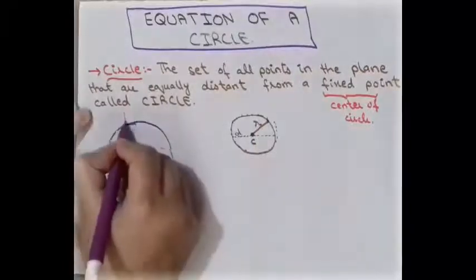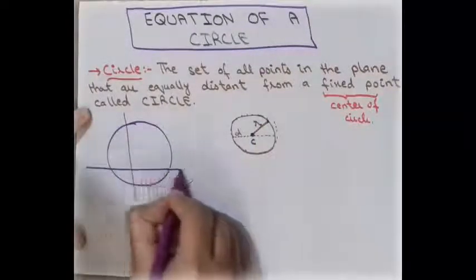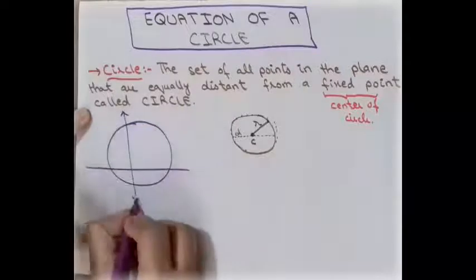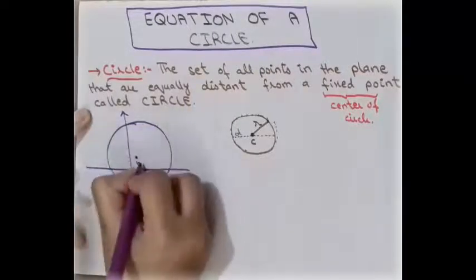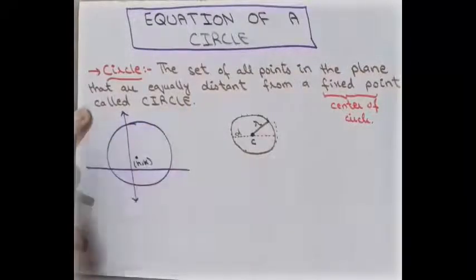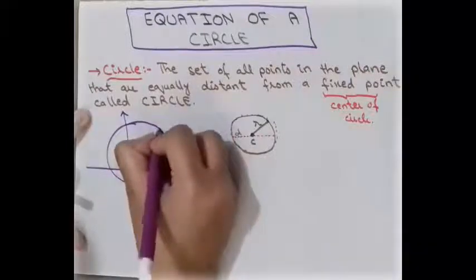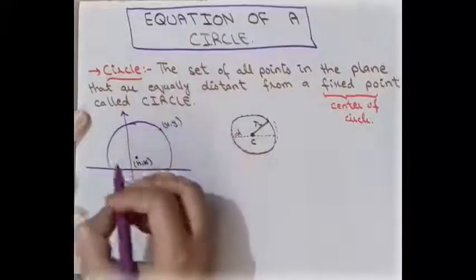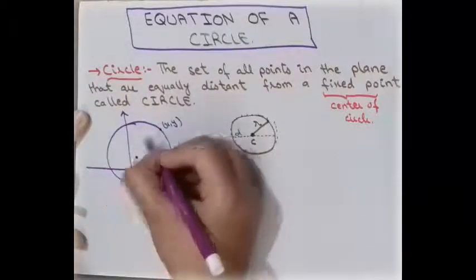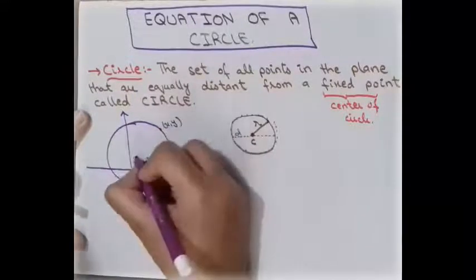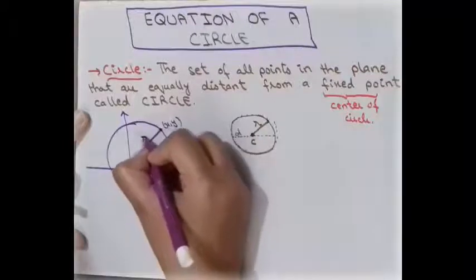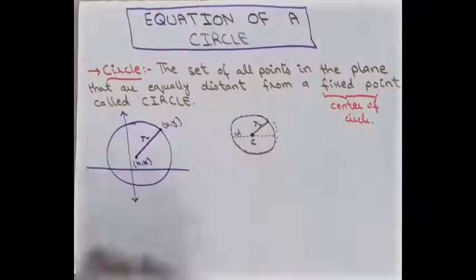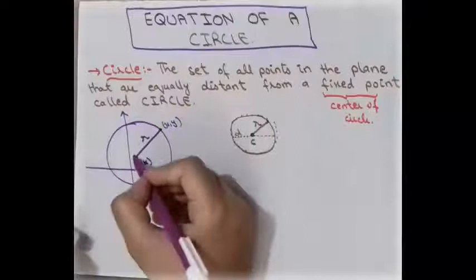Suppose we have a circle and this is a plane. Here is the center of the circle with coordinates h and k, and here is a point on the circle, x, y, and the distance from the center of the circle to any point on the circle is called the radius of the circle. So to find the equation of the circle, basically we need the formula for the distance between 2 points.